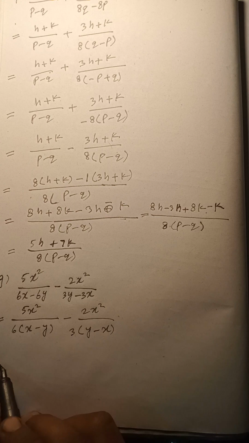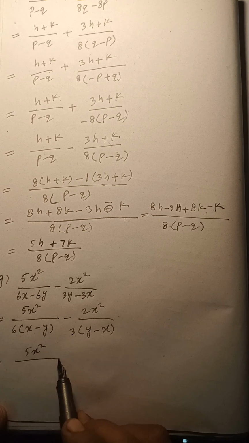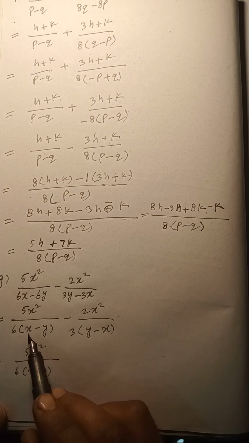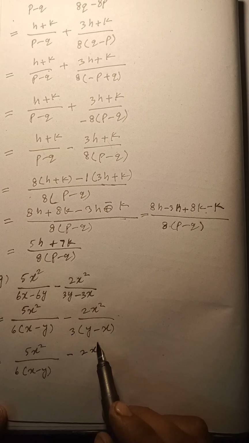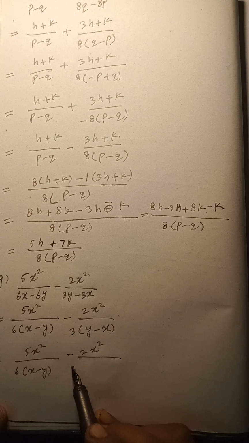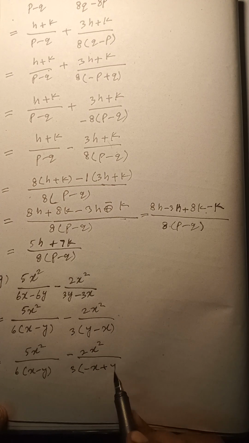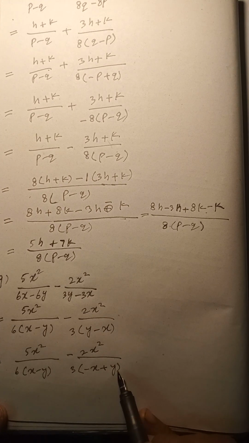Now after taking common 5x square over 6 into x minus y, we need some arrangement, and we know that we have to change the place of these values, minus x plus y, so that x minus y it should be same.